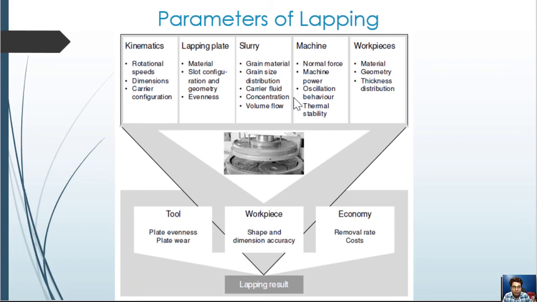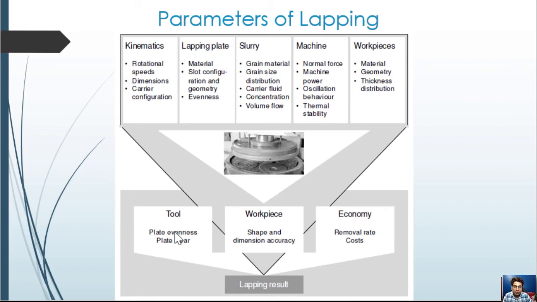The concentration of the slurry, the volume flow rate which is being adopted, the machine on which the lapping process is being done, there the normal force, power consumption, oscillation behavior, thermal stability, etc. The workpieces which are being machined, the material of the workpiece, the geometry, thickness distribution, all of these factors contribute to the ultimate lapping results.